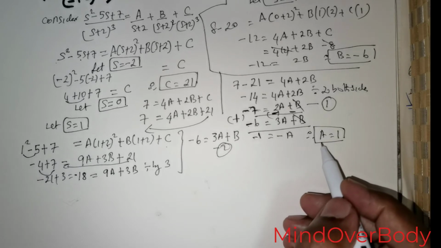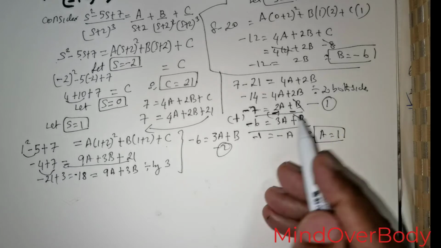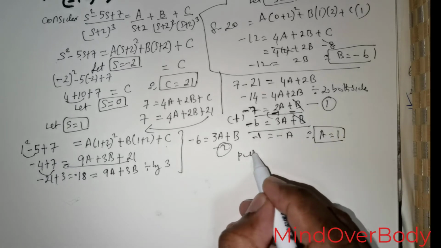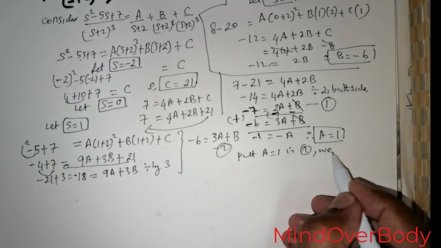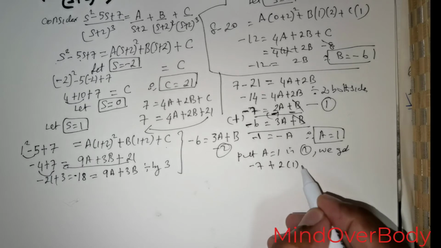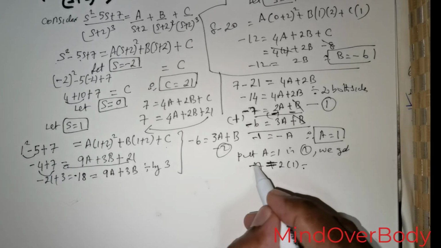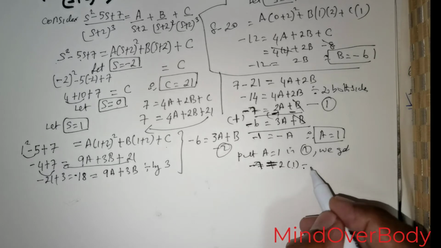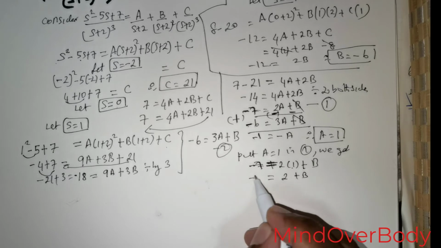So if A is 1, I can simply substitute the value of A into 1 or something. So you put A equal to 1 in 1, we get negative 7 equal to 2 times 1 positive B, this is 2 positive B is equal to negative 7.